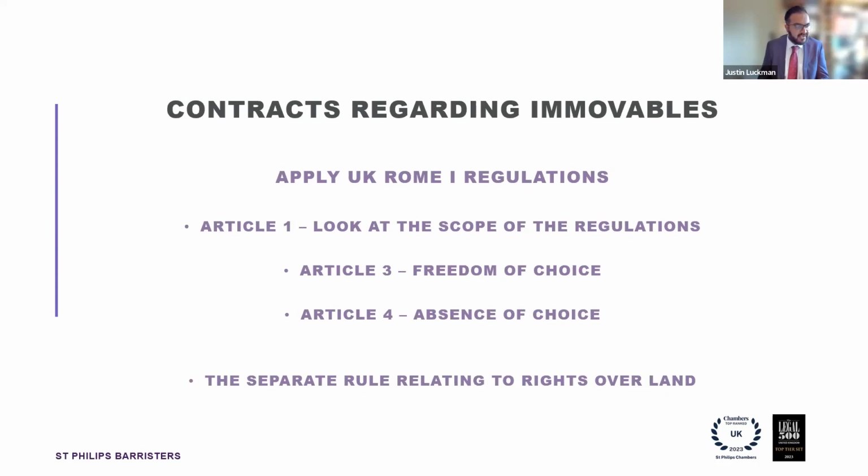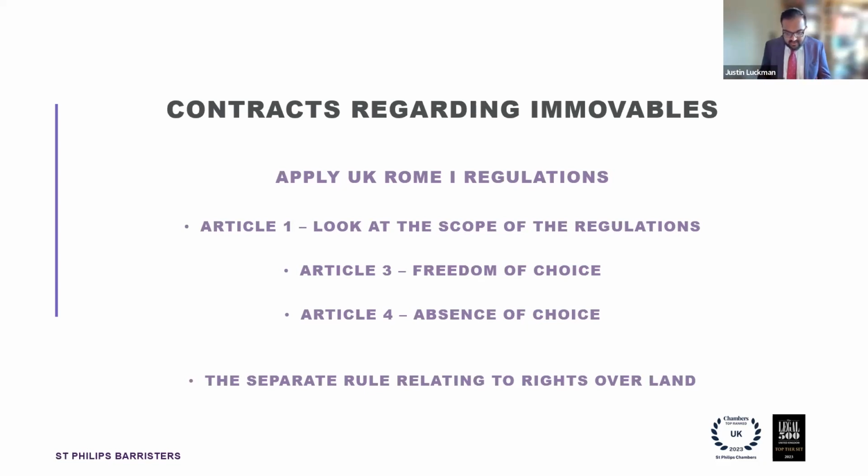We're not overcomplicating the matter, but there are certain exclusions set out within Article 1. And they are, for example, obligations that arise out of matrimonial property regimes, and also the constitution of trusts and relationships between settlors, trustees, and beneficiaries. So it's worth bearing that in mind in terms of whether or not your case falls within scope when dealing with a contract regarding an immovable.